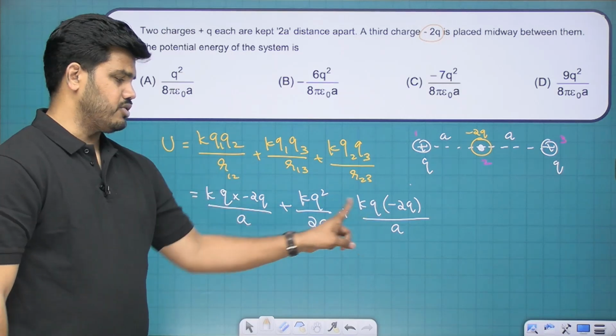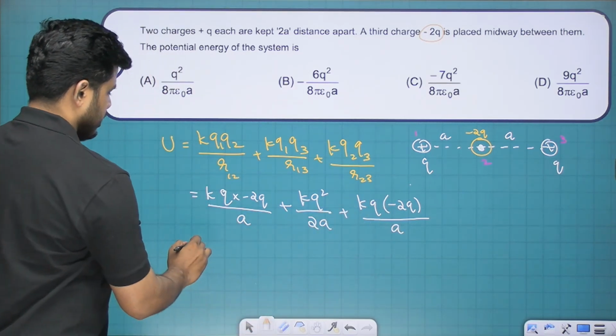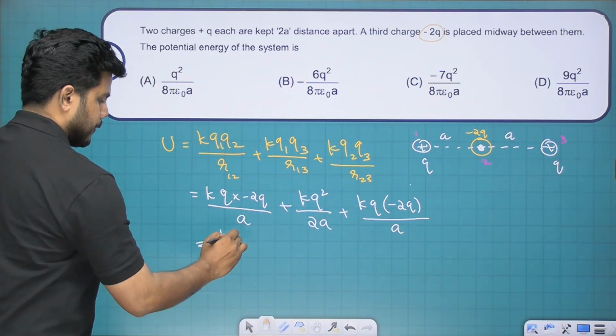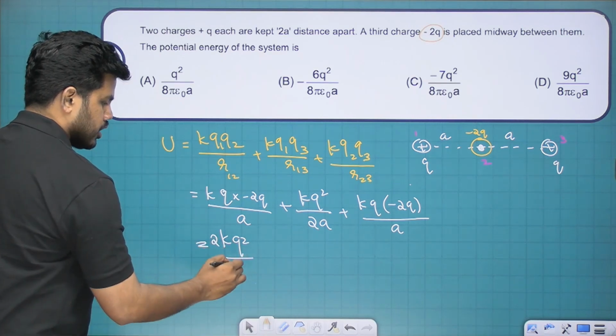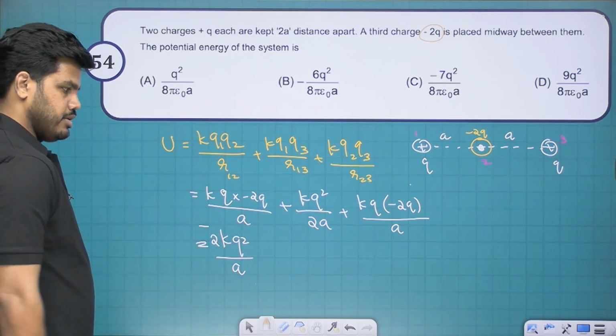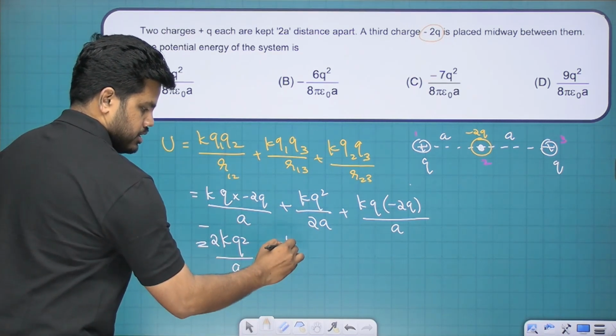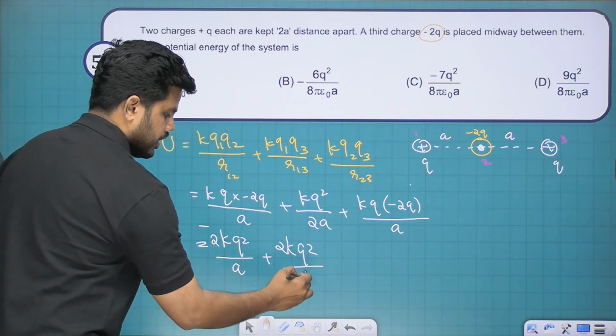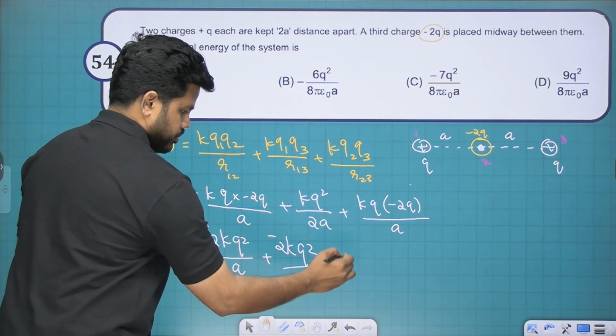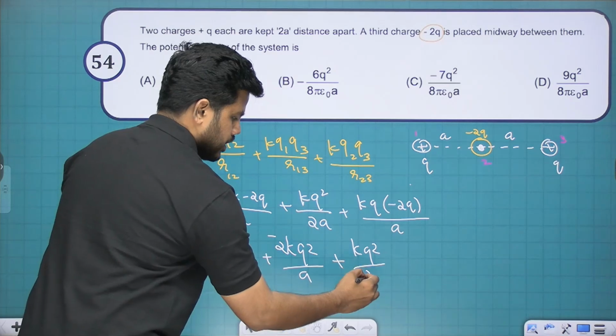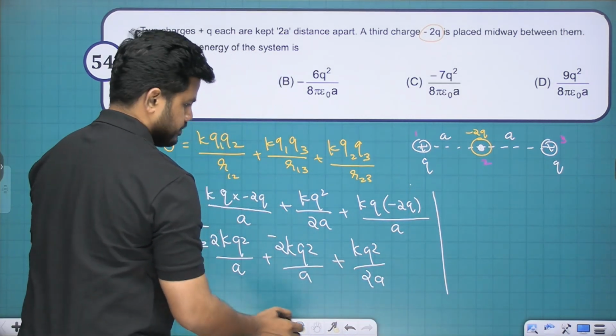See, we have two terms in the same way. We have minus 2Kq square by a, once again minus 2Kq square by a, plus Kq square by 2a. Just simplify.